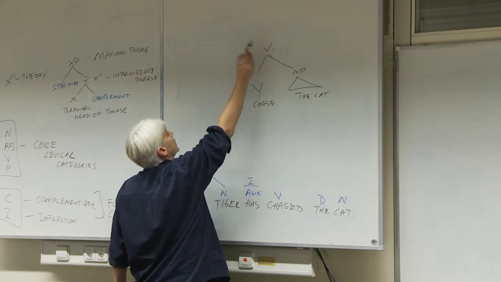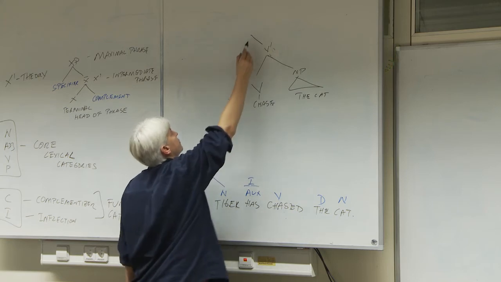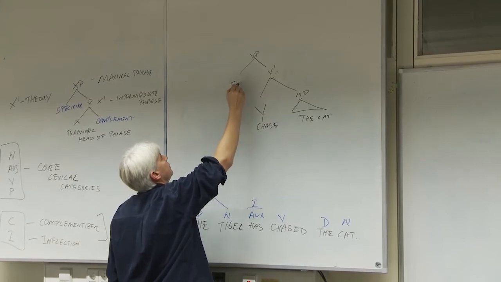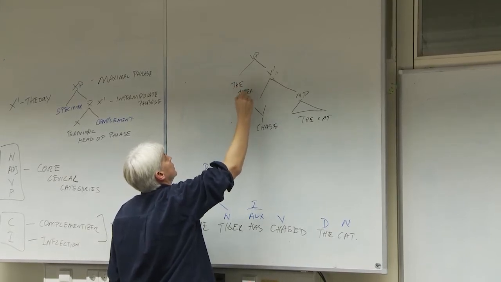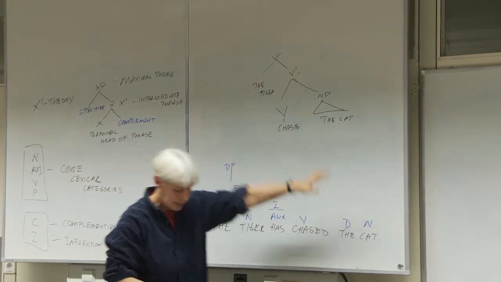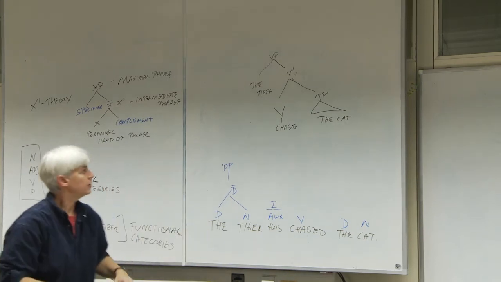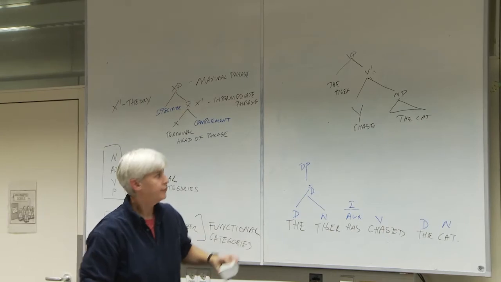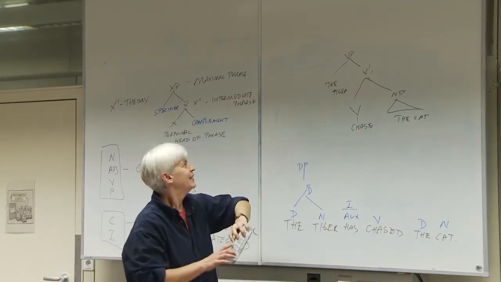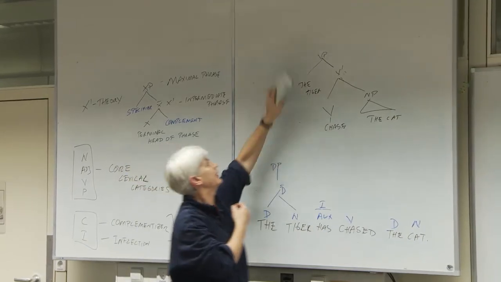And then further up, there would be a specifier, which should be, this is actually not so easy to see, the tiger. So that's the principle, that you should actually have a specifier here, the subject, and the cat over here, but then that's not what you want your tree to look like. So you have a bit of a problem, and people solve that problem in a different way. I'm not going to tell you. I'll tell you, there was a VP internal subject hypothesis, and then you had to move out. Okay, let's get rid of this.